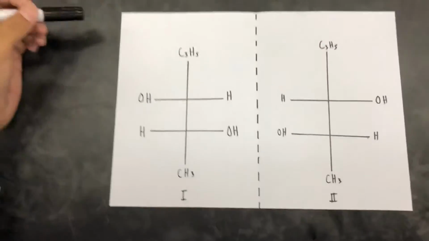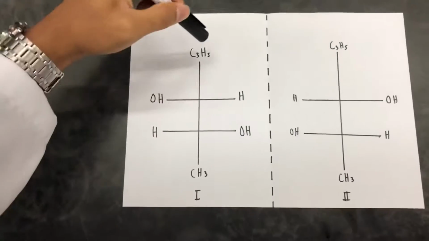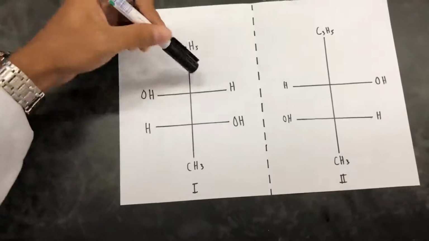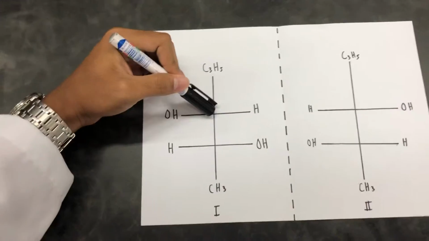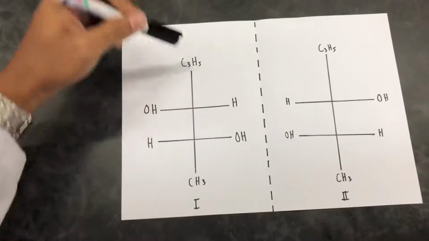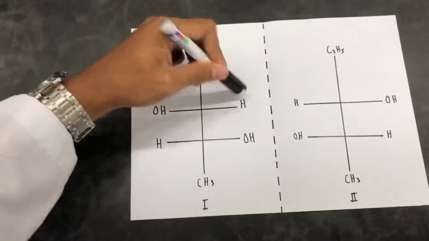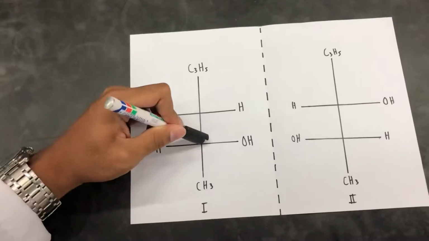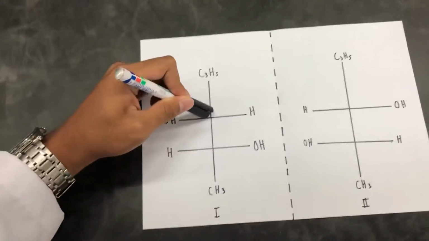A chiral carbon is a carbon that is connected to 4 different functional groups. As you can see in this one, the first chiral carbon is connected to C3H5, H, OH, and another R group, so it is absolutely a chiral carbon.